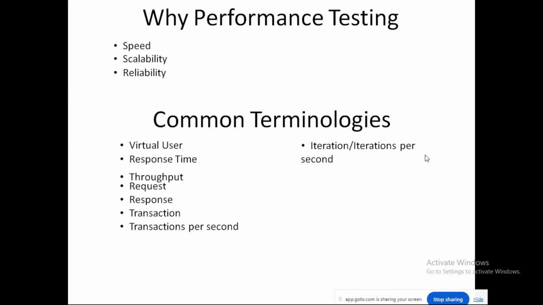When I do a launch, that is one transaction because interaction is happening with the server. You all remember what a transaction is, right? Whenever there is an interaction happening with the server, that is a transaction.